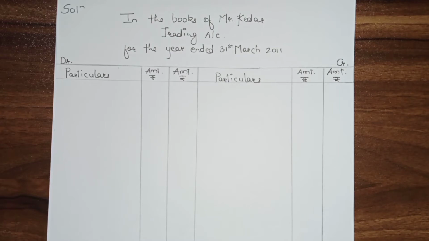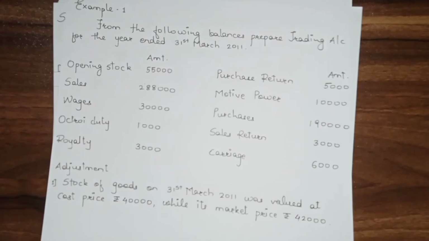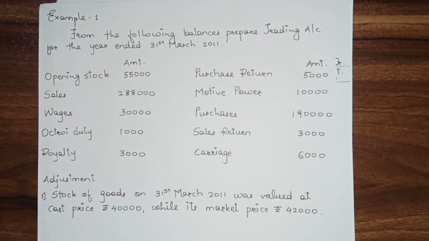So the example we just overlooked was of Mr. Kedar. I didn't write Mr. Kedar in the question, but these transactions, these balances are of Mr. Kedar, which we have to post in the trading account of Mr. Kedar. So the first item was our opening stock of rupees 55,000. We already know where opening stock appears.